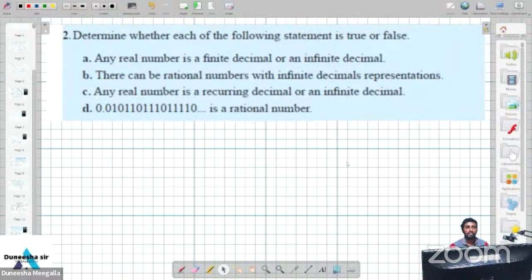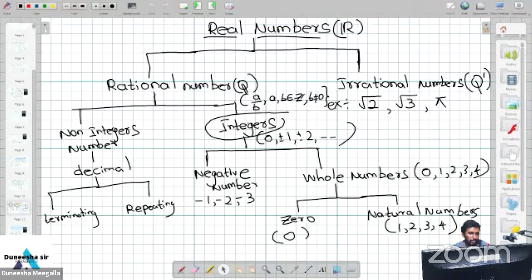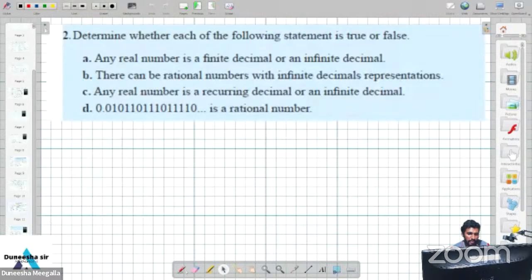Okay. Determine whether each of the following statements is true or false. Any real number is a finite decimal or an infinite decimal. Is it true? Look at what I gave you.